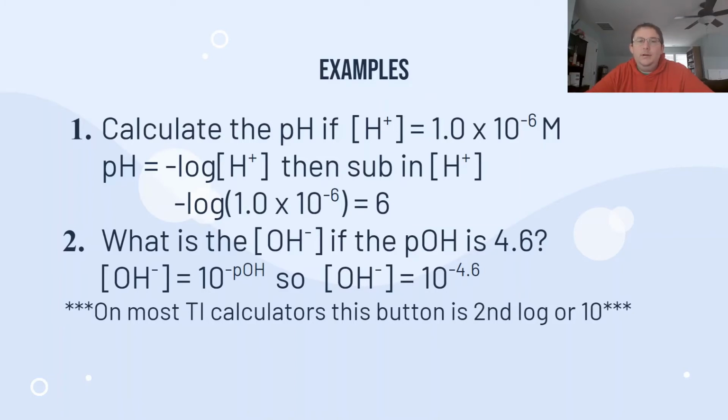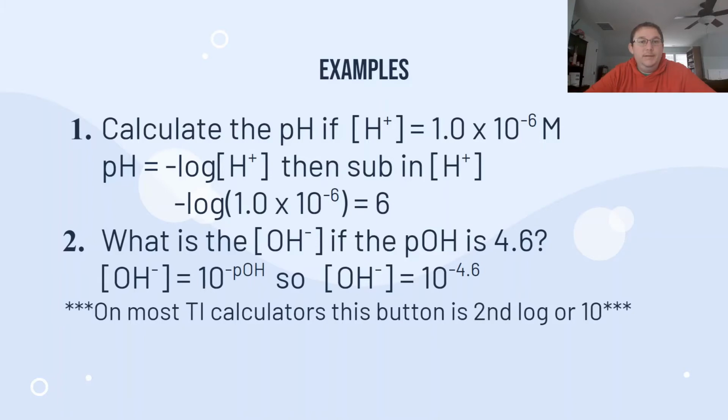I want to go ahead and review whether each one of these problems is talking about an acid or a base. Just because we're talking about the hydrogen ion concentration or the hydroxide ion concentration doesn't necessarily mean that it's an acidic solution or a basic solution, respectively. So in number 1, would this be an acid or a base?